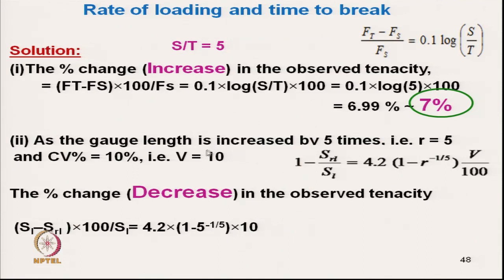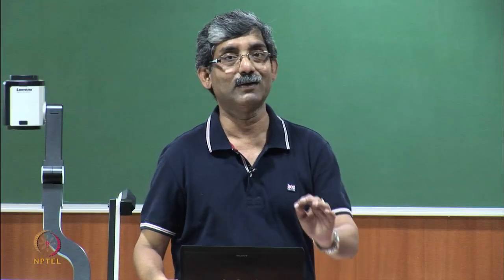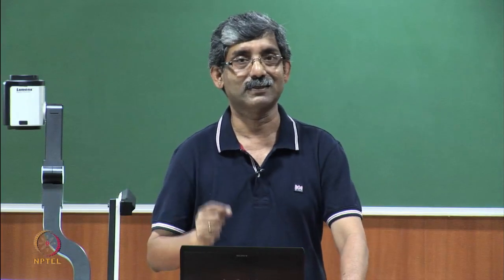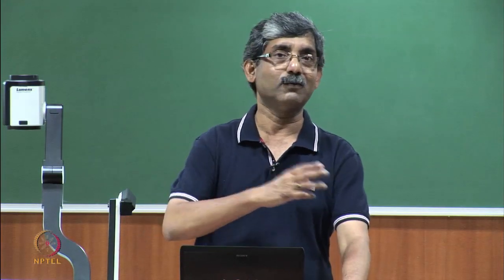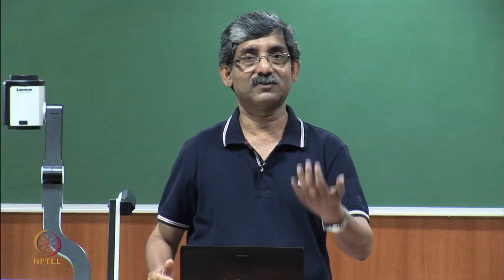This 10 is the CV percentage, and if we get this value, it will come out to be 11.56%. That means if we change the gauge length 5 times, our expected decrease in strength will be 11.5%. That is the basic. Now, whatever problem, whatever data are given, we must be able to calculate the expected change in strength.